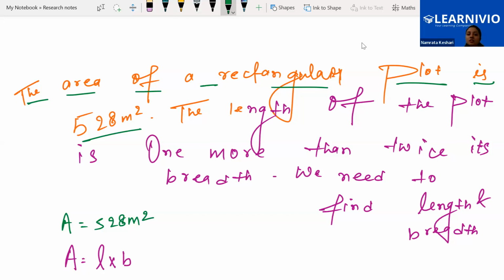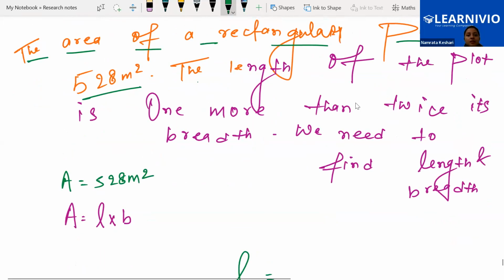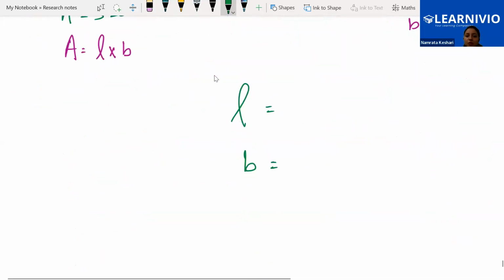Now a condition is given. The length of the plot is one more than twice its breadth. What is length? Length, breadth. The length is one more. One more than what?